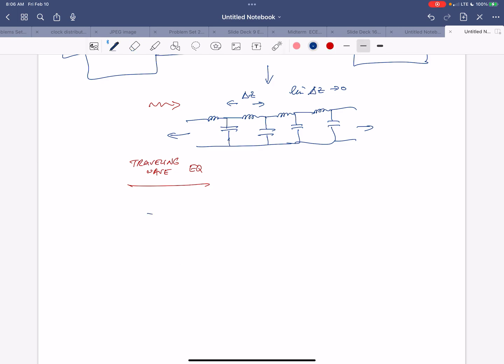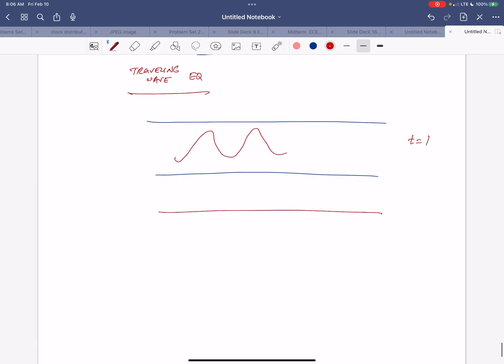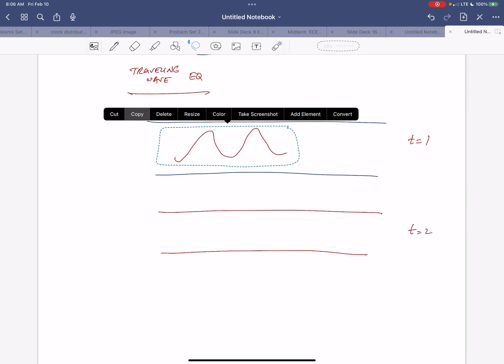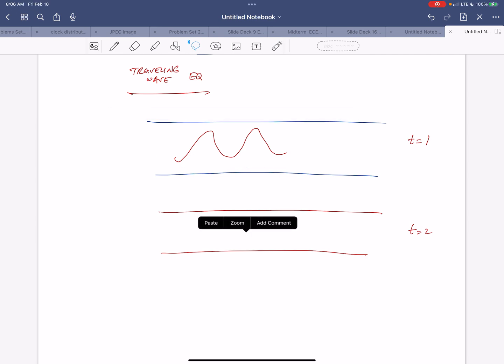If I look at the coax as just something like this, and I launched a wave like this, and this was time t equal to 1, at some other time t equal to 2, this thing would be traveling down this thing. So it would move over in time, with the assumption of just a lossless transmission line.